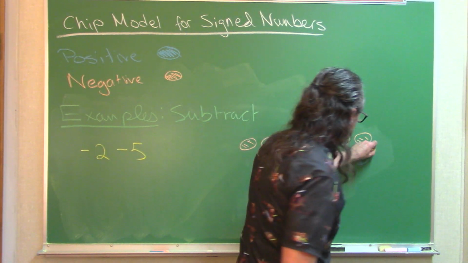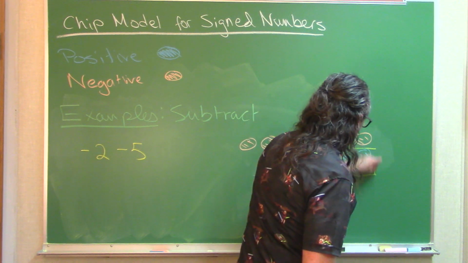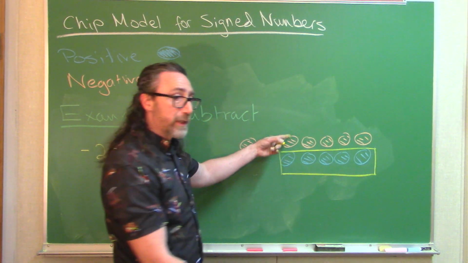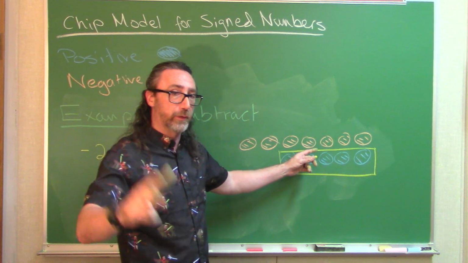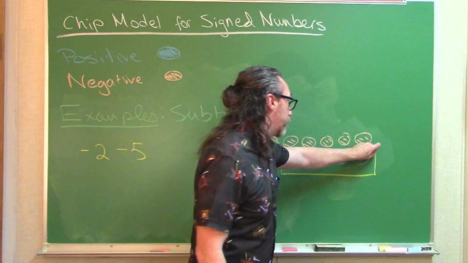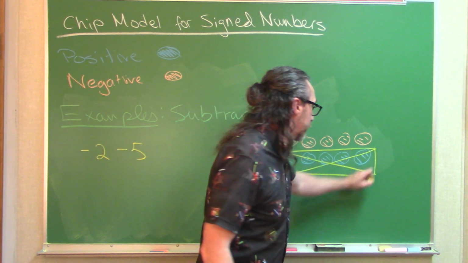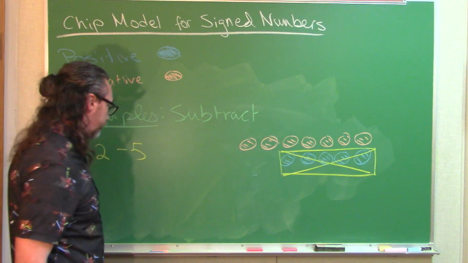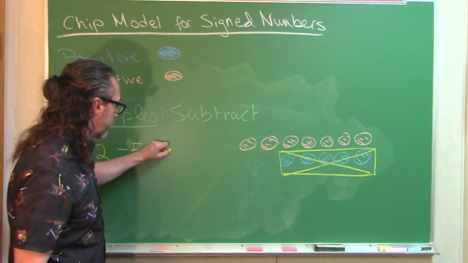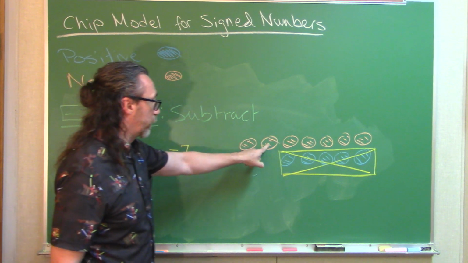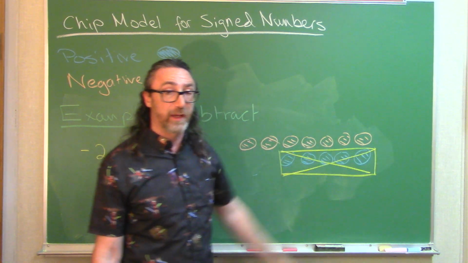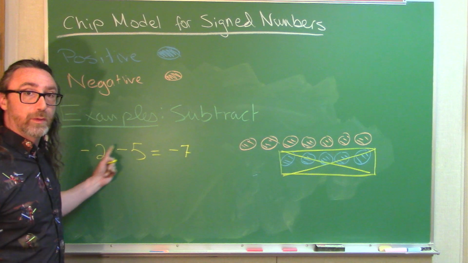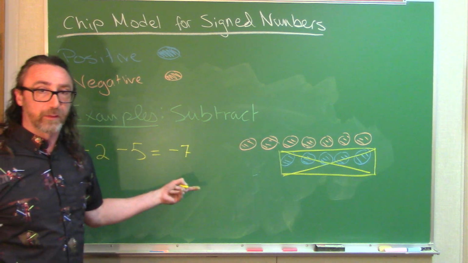So I do -2, and what I had on the board really was a representation of -2, because remember, every time we put a positive and a negative, they kind of cancel each other out. Now the whole point of doing it this way is it gives me 5 positives to take away. And look what I've got: -1, -2, -3, -4, -5, -6, -7. So -2 minus 5 is -7.